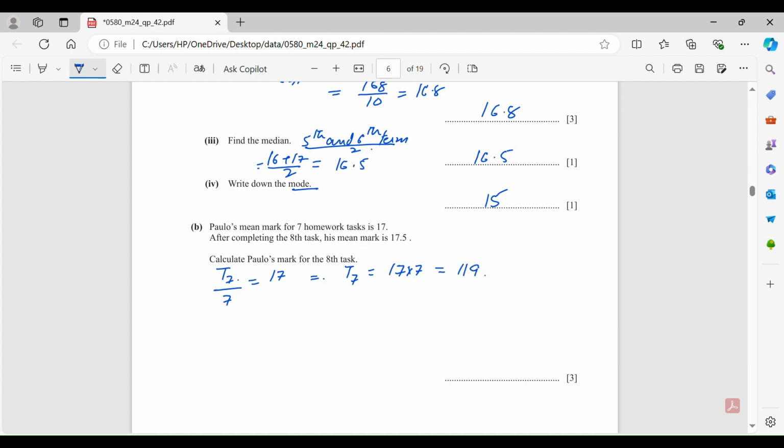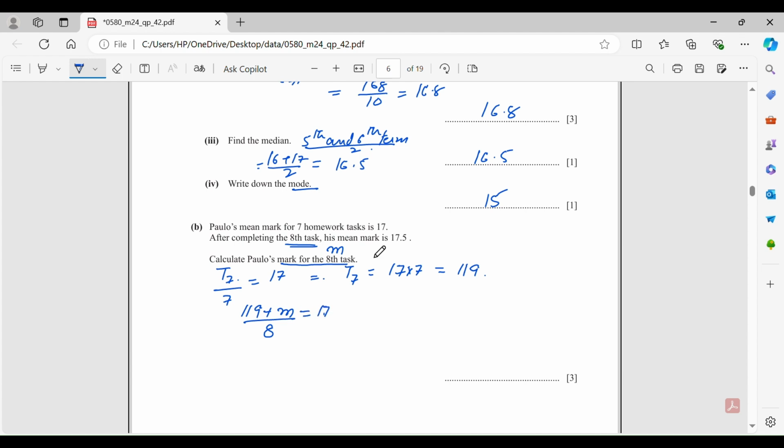Now for the 8th task, let the marks in the 8th task be M. So 119 plus M over 8 is equal to 17.5. Now 119 plus M equals 17.5 into 8.